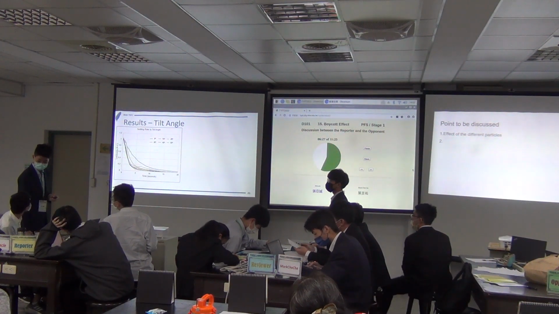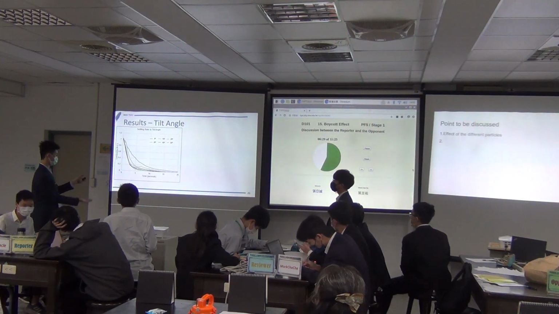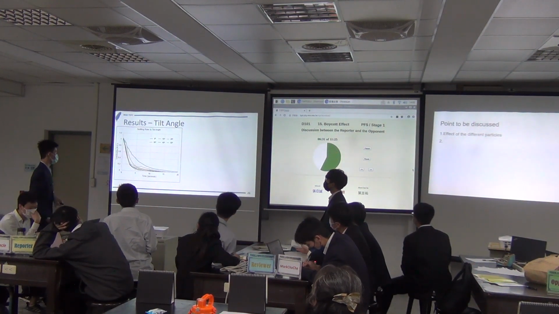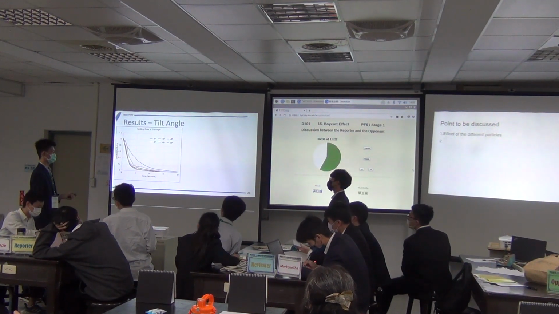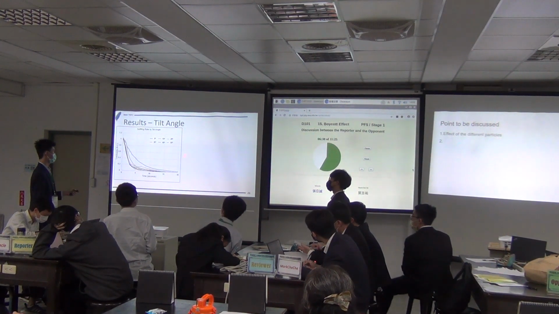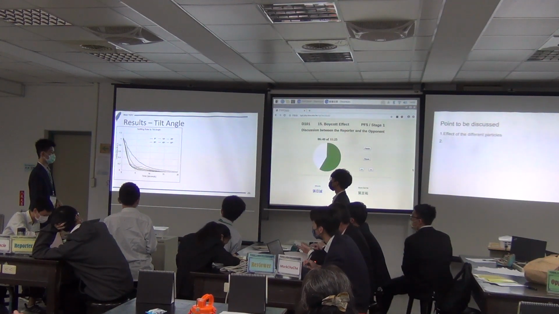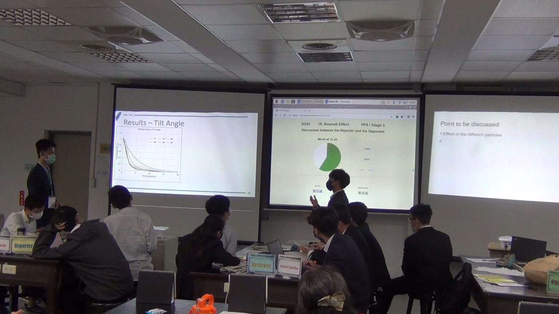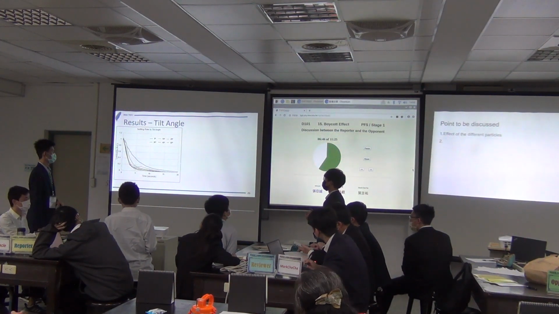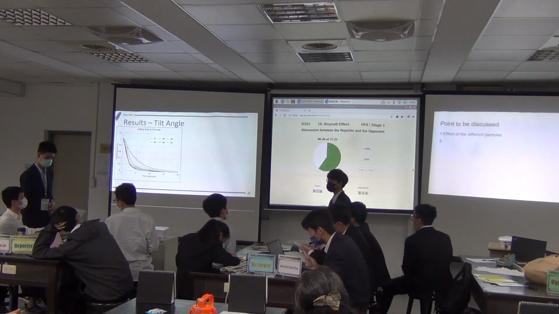So we couldn't get the data from angles larger than 50. So you're saying that the effect will not be clear enough to be seen if the angle is bigger? Yes. Okay, I get that.